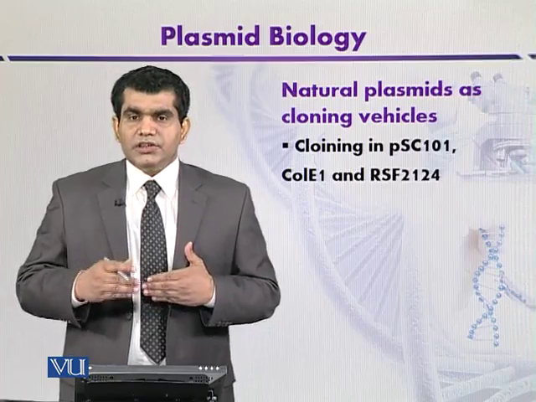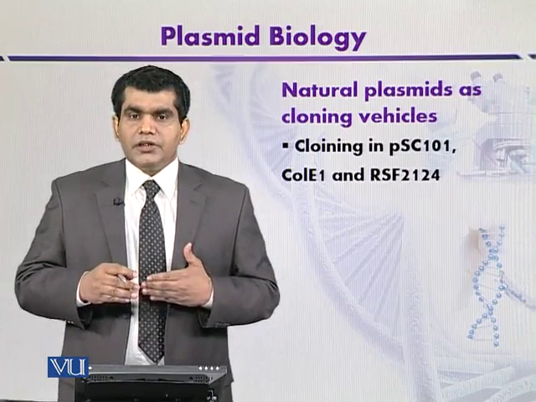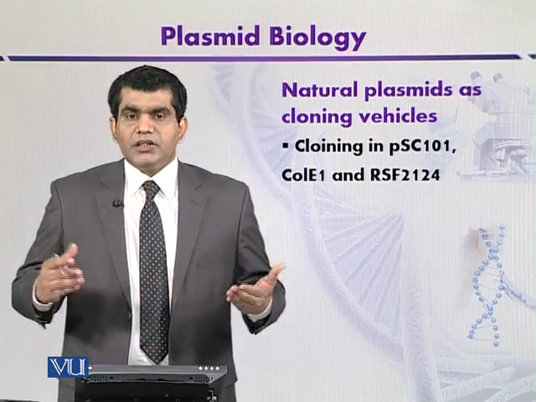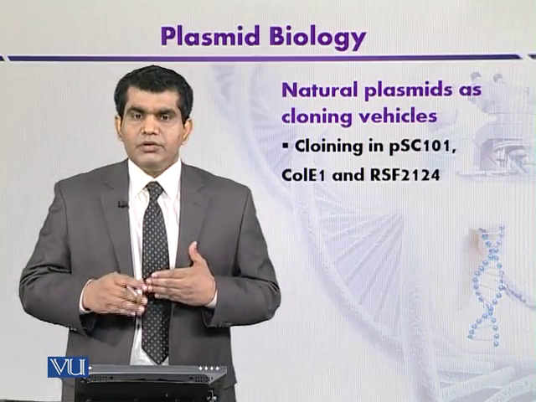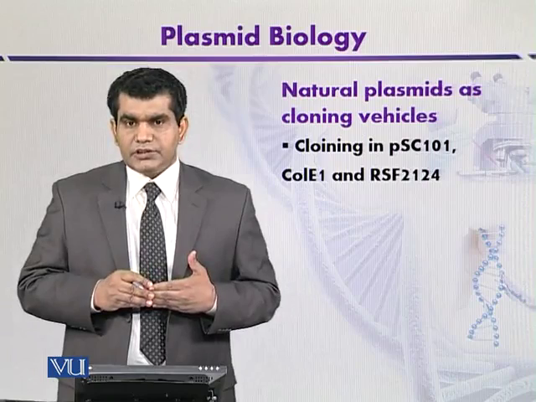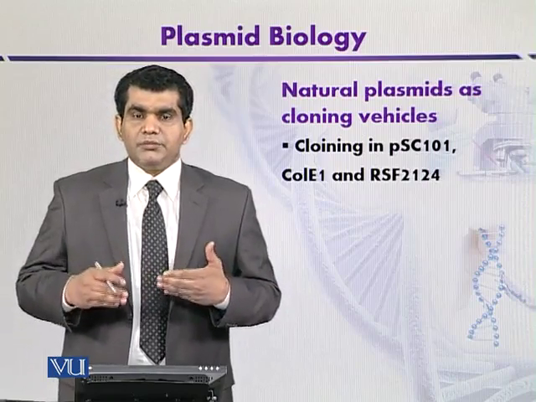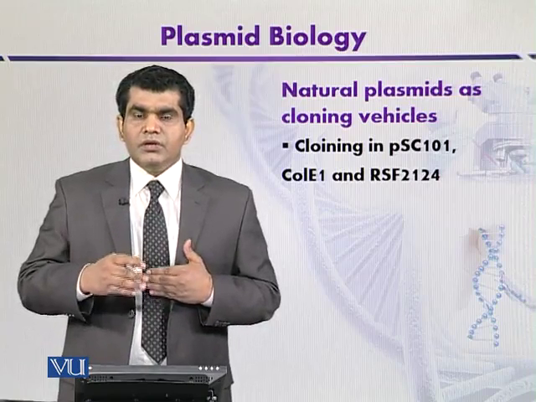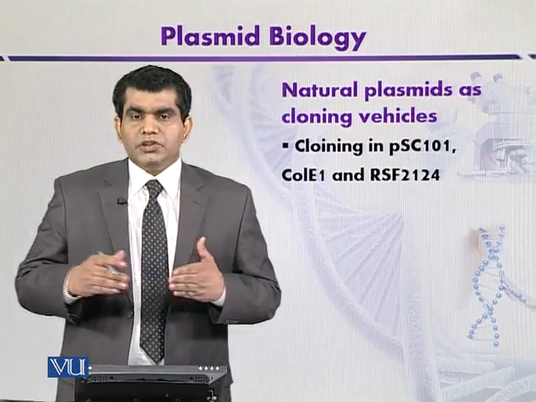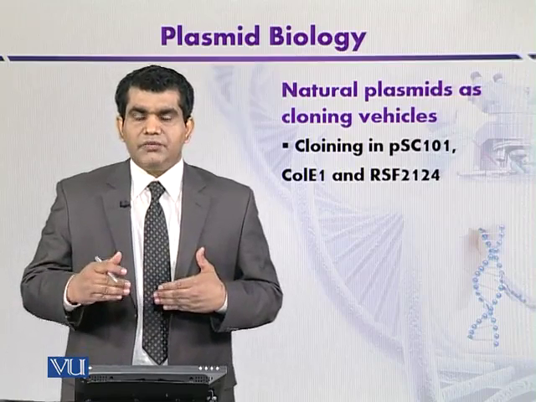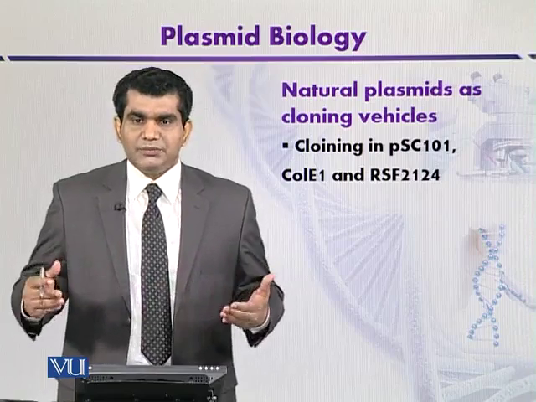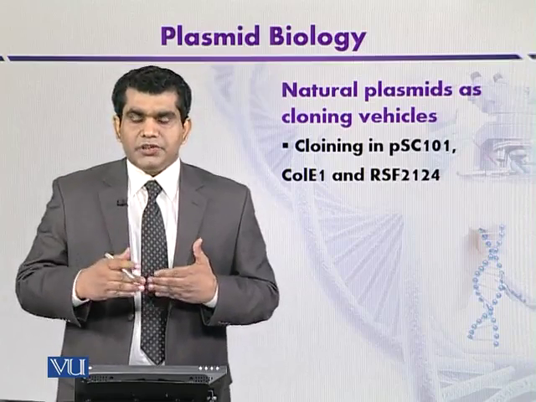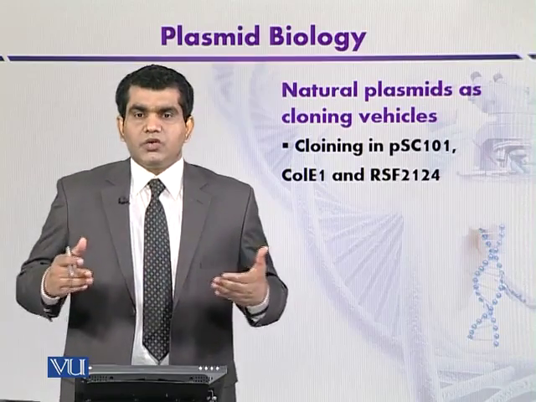So when the culture is treated with chloramphenicol, it can selectively inhibit chromosomal DNA biosynthesis, but not the plasmid, because the inhibition of protein synthesis by chloramphenicol will not affect plasmid replication. So finally, after 10 to 12 hours, about 50% of the DNA will be represented by plasmid DNA. In this way, we can increase the copy number of the plasmids, that may be up to 1000 to 3000 copies per cell.